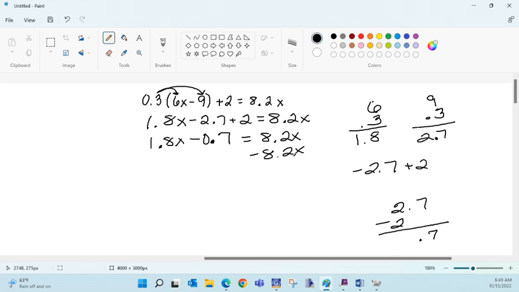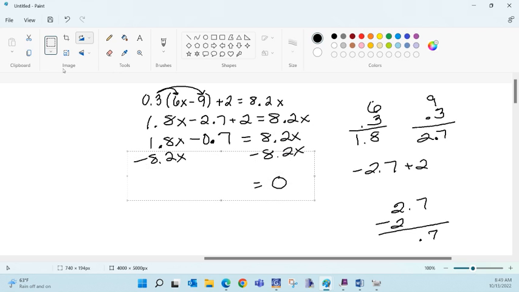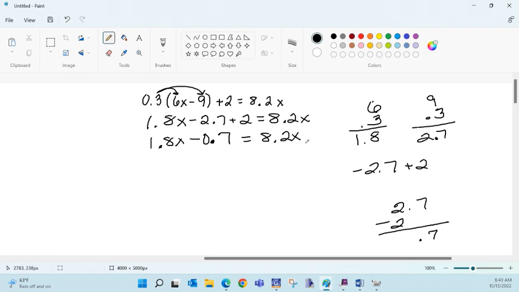When people tend to do this, many people will miss the fact that this is a 0 and bog down and not know what to do, and it actually adds a step. So what we want to do is bring it over, and I know the last few ones we were taking away the one on the right. You can take away either one. If the only thing on one side is an x, it's usually easier to move it to that side. So instead of the 8.2, let's get rid of the 1.8x.